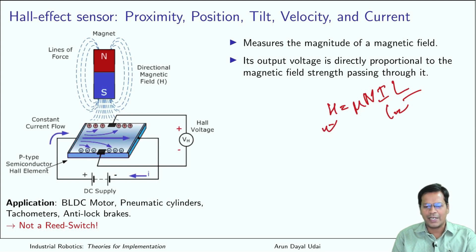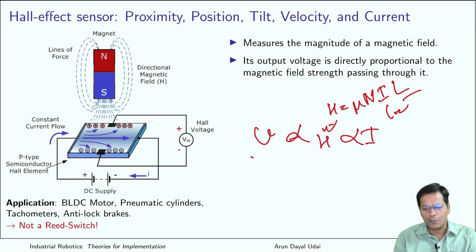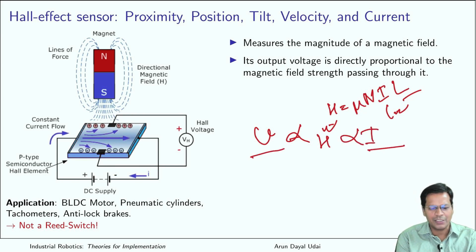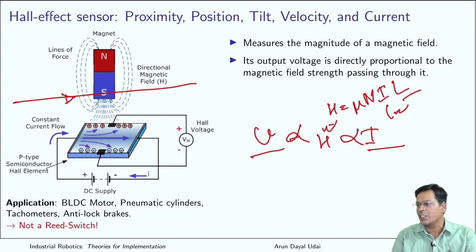If the voltage output is proportional to the field and the field is proportional to current, then if you have a wire at a constant distance surrounded by a magnetic field, and somehow you link this wire's flux to this plate, you can measure the current flowing through the wire also. So this can be used to measure current.